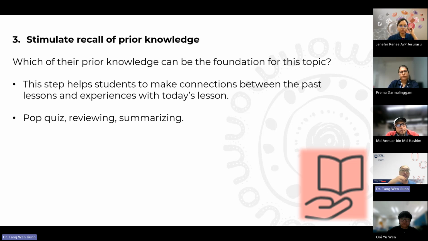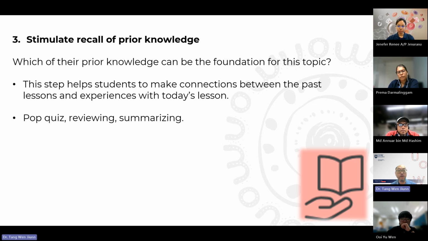So we can simply give them a pop quiz, review questions, or summarizing questions, for them to recall what they have learned. From here, let's say we still sense some misconceptions, then we can take a short time to refresh, so that we correct their misconception and then continue with today's lesson.